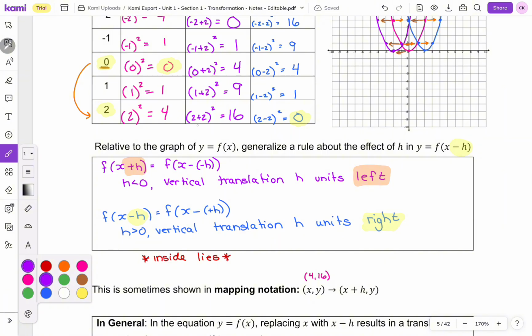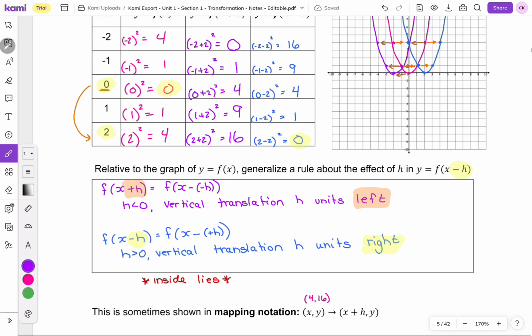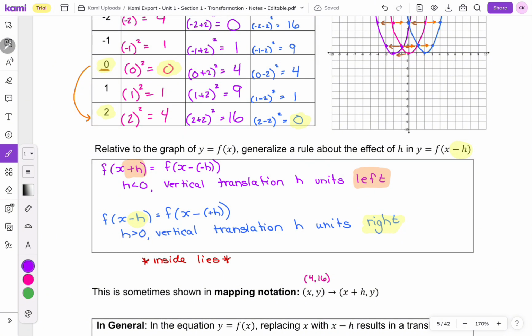How I would map it, say using this first transformation when we had f of x plus 2. Well, remember, it's a negative h we're adding there. We're moving everything to the left. So I would say I need to take that x value and I need to minus 2 from it. And my y value is going to stay the same.